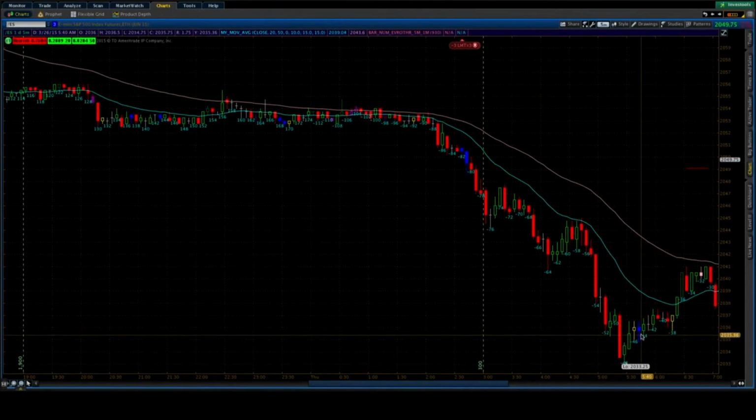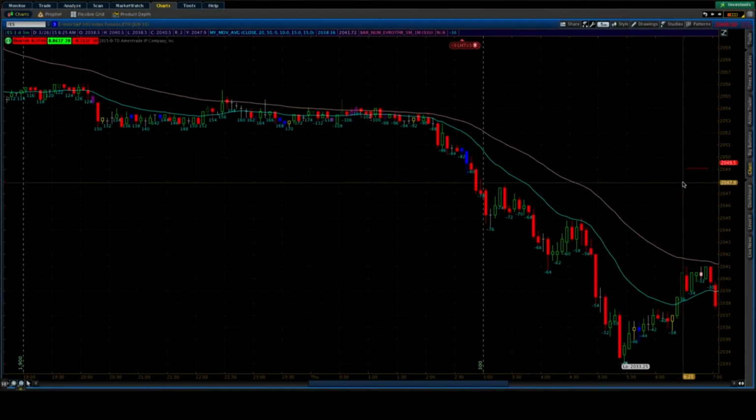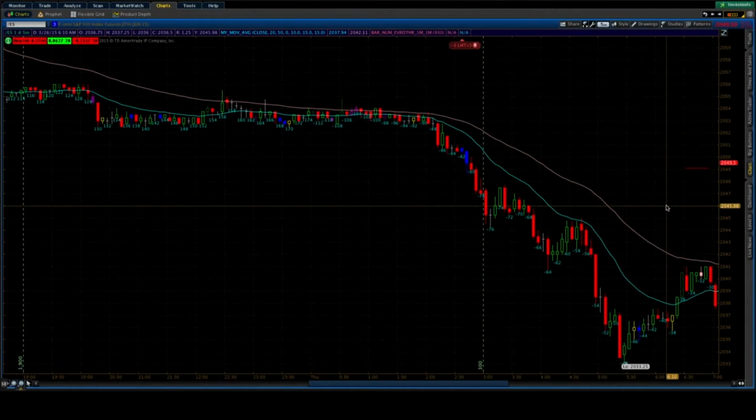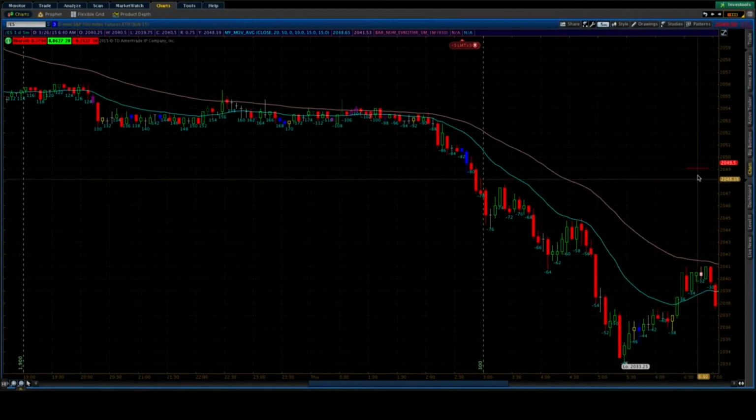Once I determine that the bulls have the inertia, this is a potential target, a potential measured move. That's one of the words that you'll hear there. It's a projection of how far this accumulation can expand here.